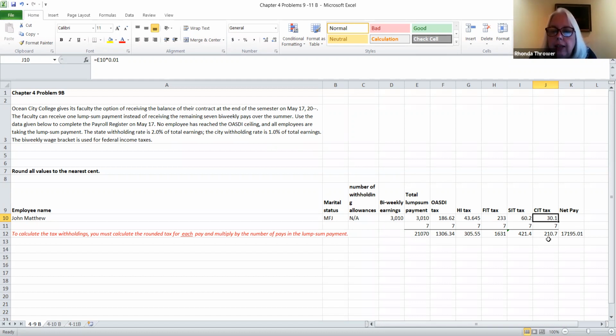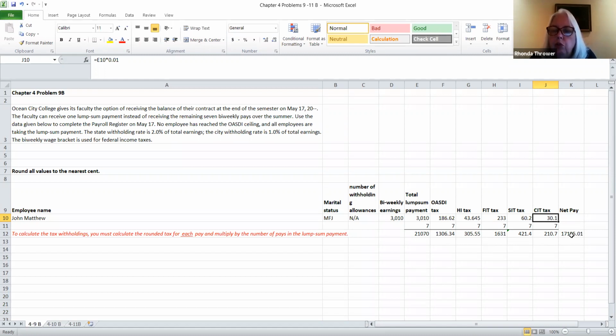So in Cengage, they want you to record the total lump sum payment and the total tax for John Matthews for OASDI, HI, FIT, SIT, and city tax.